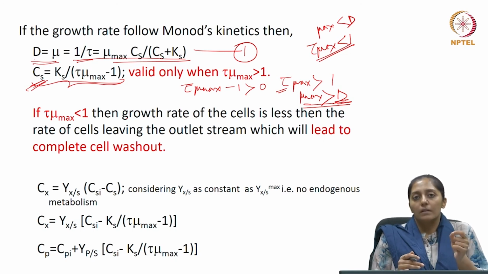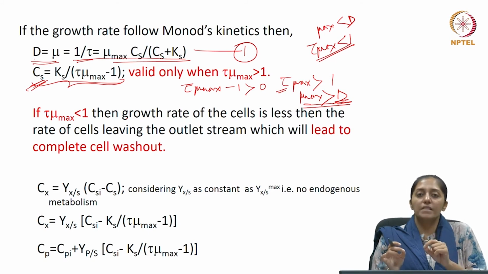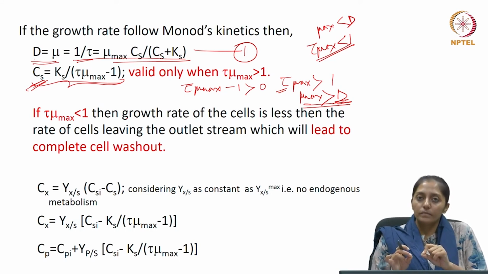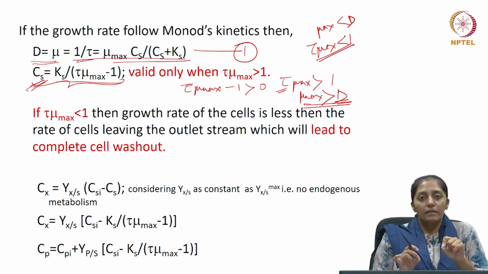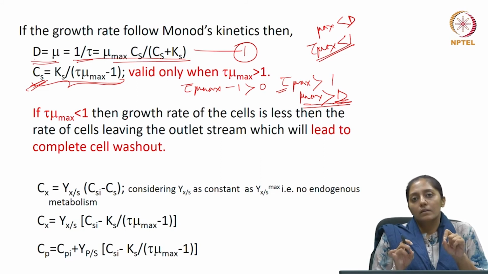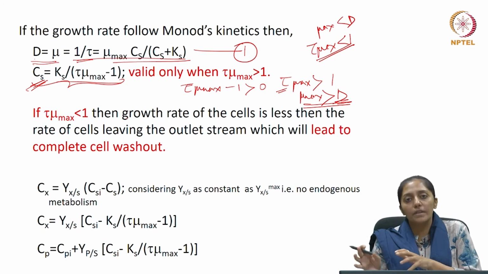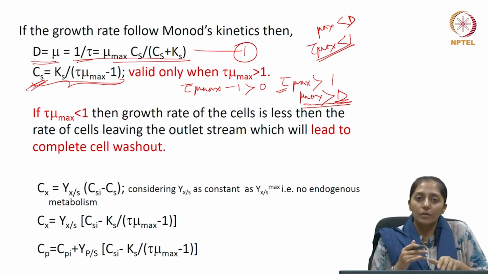When the dilution rate becomes greater than the maximum specific growth rate of the culture, beyond which the culture cannot grow, then the rate at which the cells are leaving the reactor becomes more than the rate at which the cells are growing or getting accumulated inside the reactor.